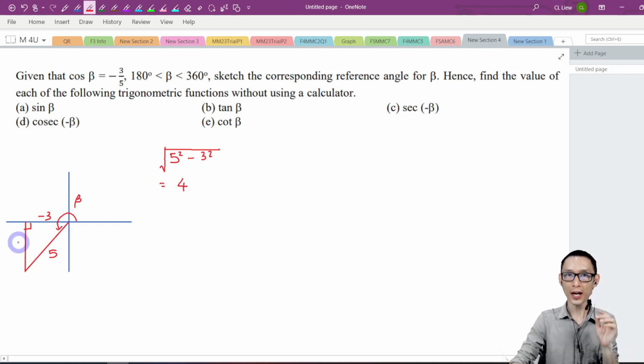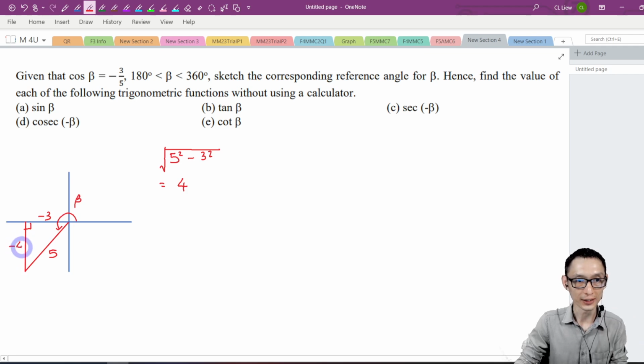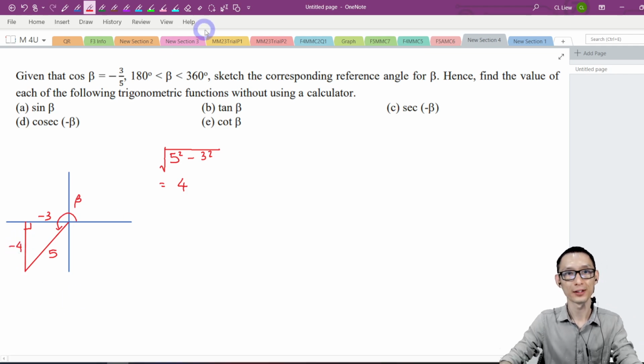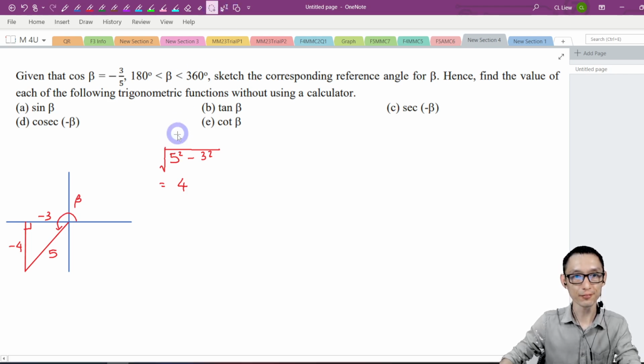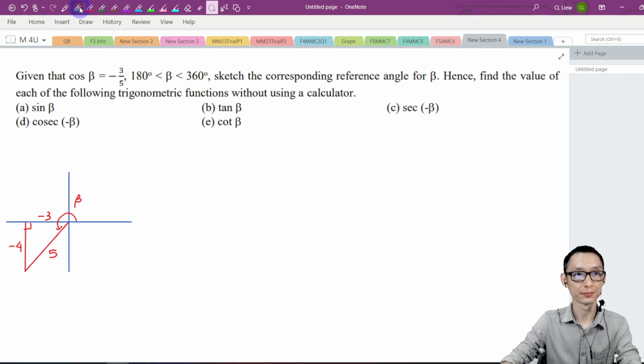And then you have to think, should I add a negative for it? Now this is actually below the x-axis, right? Therefore, I need to add a negative for it. Okay? Now, once we have completed this triangle, then it will be very easy for us to get the answer for all of this.